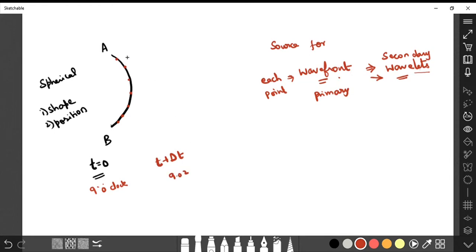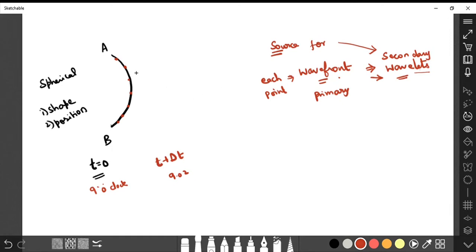That we can find by means of this Huygens principle. Each and every point on this wavefront acts as the source for the secondary wavelets, which spread out with the same speed of light in that medium.